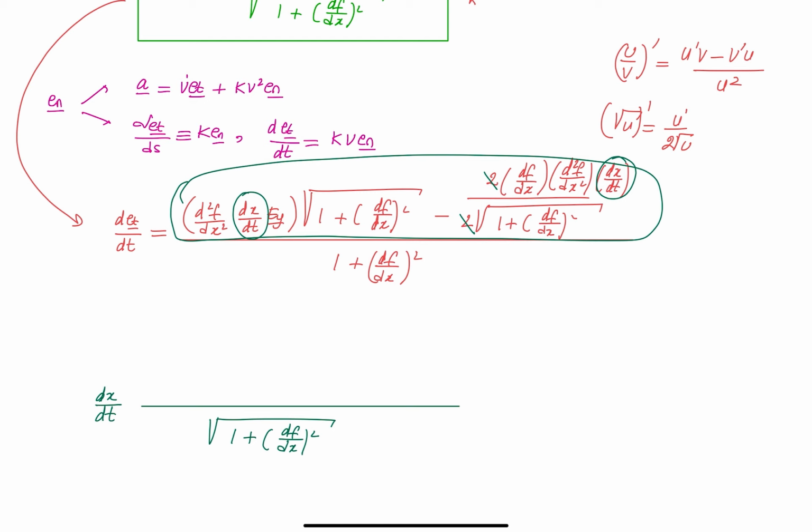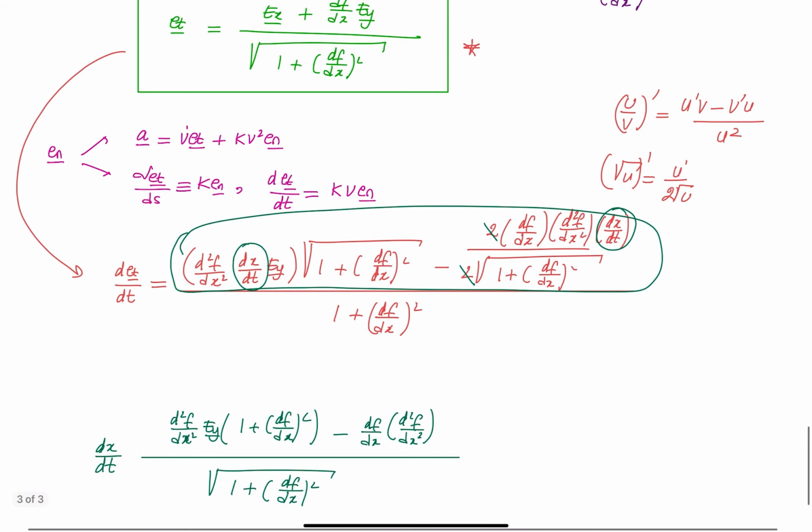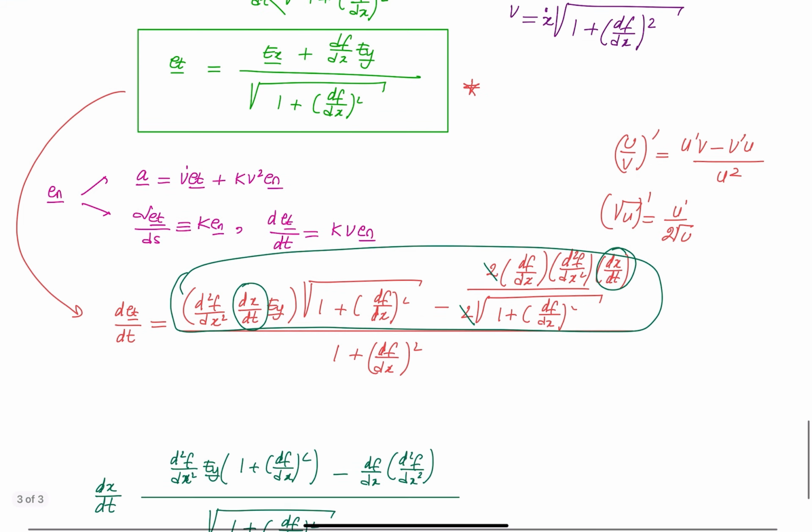And then I'm left with d squared f by dx squared ey times 1 plus df by dx squared minus df by dx d squared f by dx squared. I think there's something wrong. Yes, I forgot to multiply this term by u.